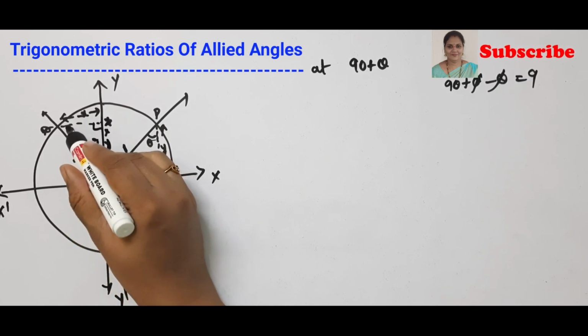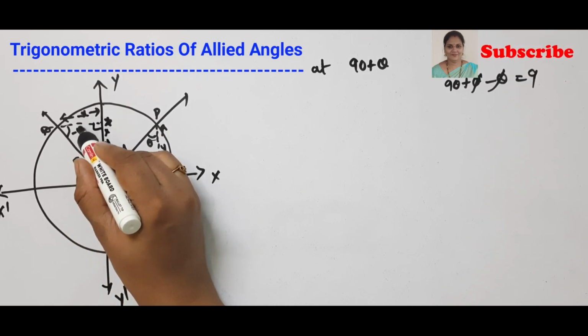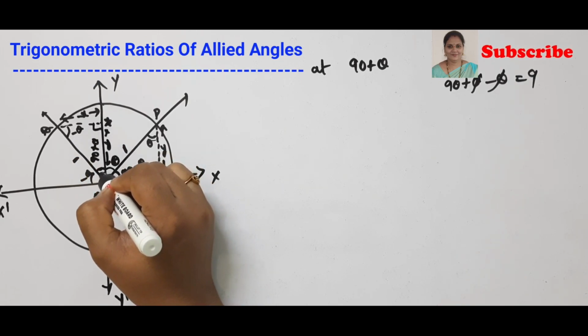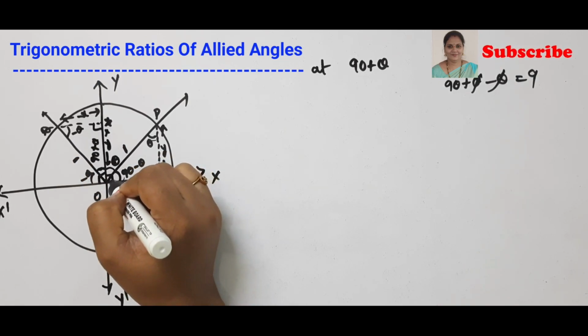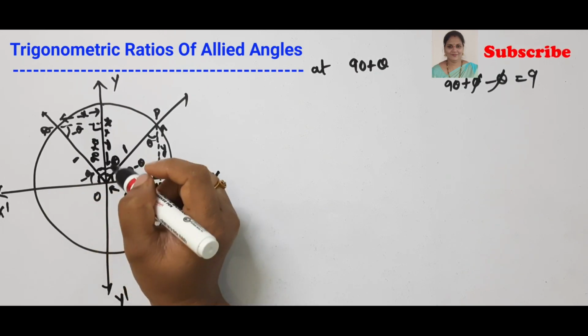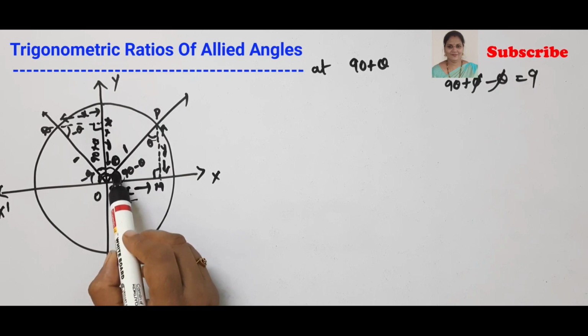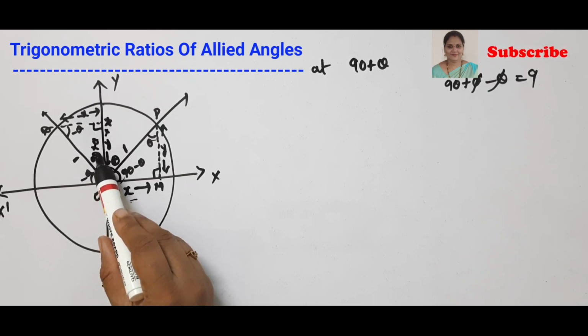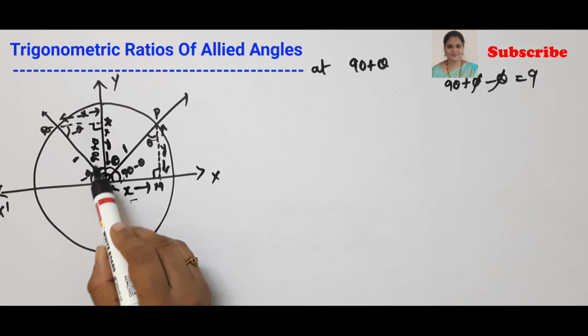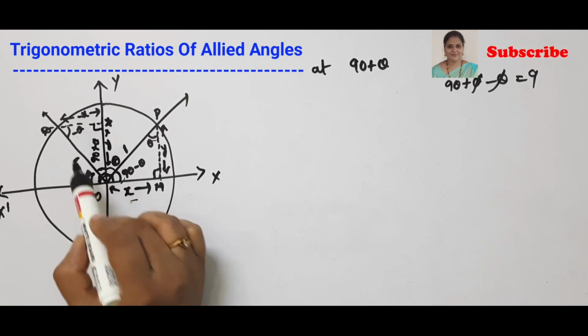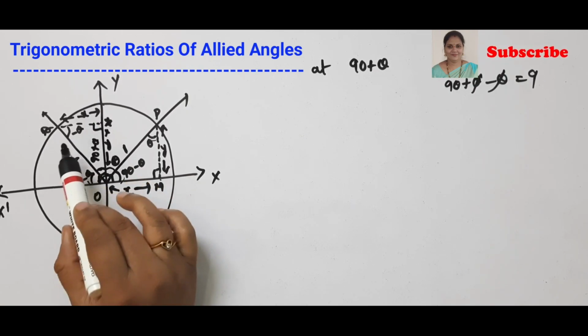Then only this whole angle will be 90 degrees, and then this complete angle will be 180 degrees. It is clear. So if this is 90 plus theta, then this will be minus theta.